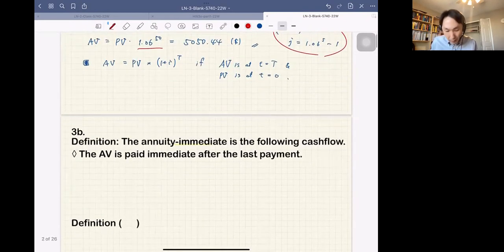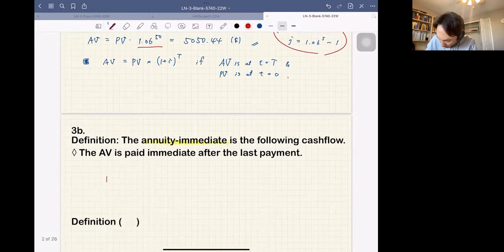Okay, so next we define annuity immediate. Annuity immediate is a cash flow represented by $1 a year for n years.